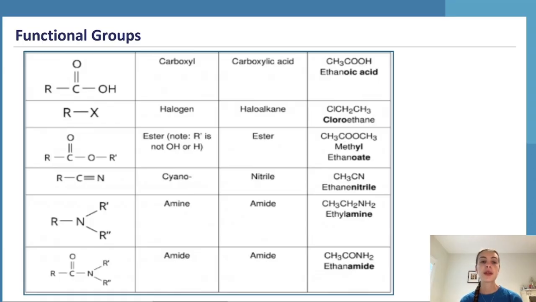In a carboxylic acid, on the end of a chain, and it will always be on the end of a chain of a molecule, you'll have the end carbon of the carbon backbone double bonded to an oxygen and single bonded to a hydroxyl group. This is what's then known as a carboxyl group. So the carboxyl group is the carbon double bonded to an oxygen and single bonded to a hydroxyl group. These are called carboxylic acids.